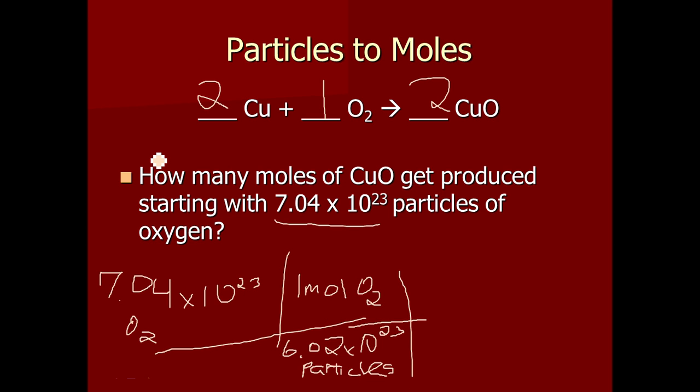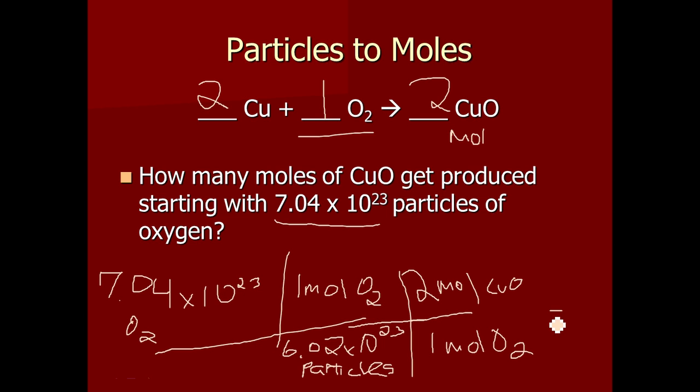So then, since I'm looking to get moles of this, I'm going to go ahead and put 2 moles of CuO on the top. And on the bottom, we're going to put our oxygen, which is 1 mole of O2. Equal sign. And we're going to go ahead and try to figure this out.